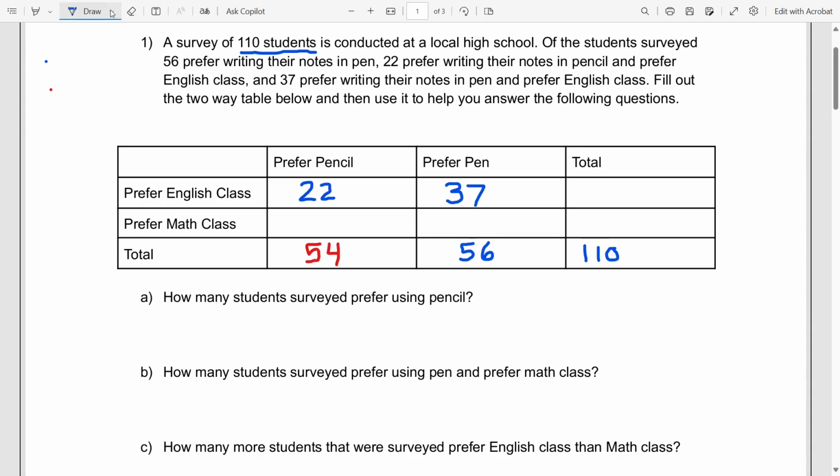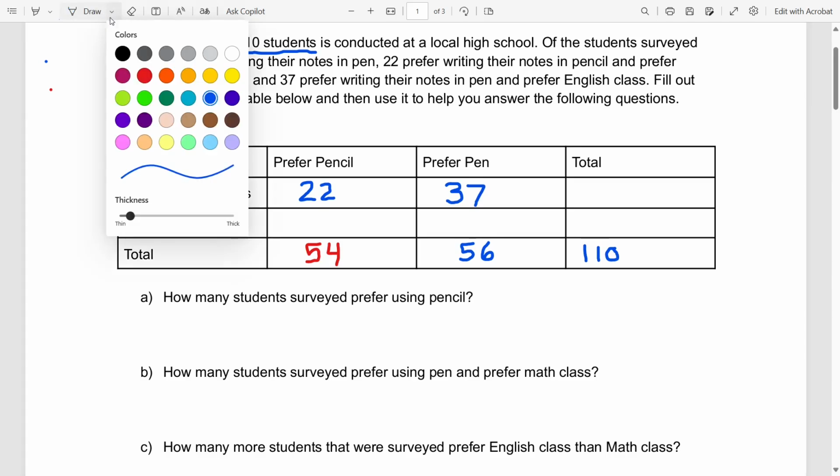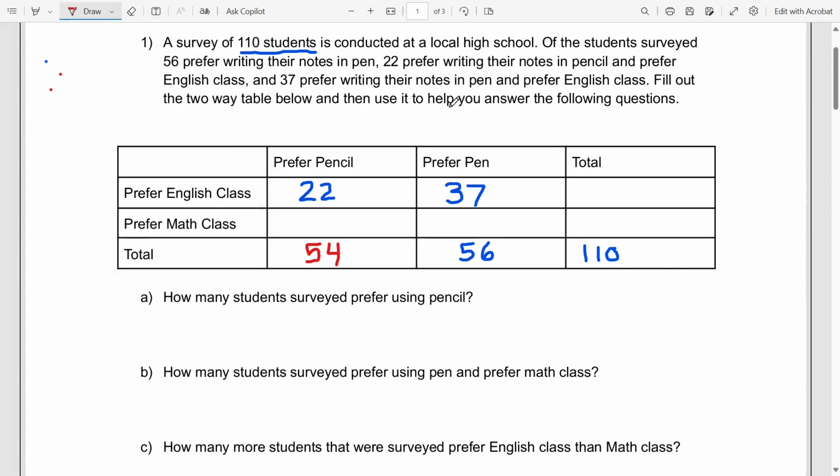Okay, so now we can come up with some other information just based off of that. So if we add 22 plus 37, we're going to get 59 total students that prefer English class. And then if we do 110 minus 59, that's going to be 51 students in total that prefer math.